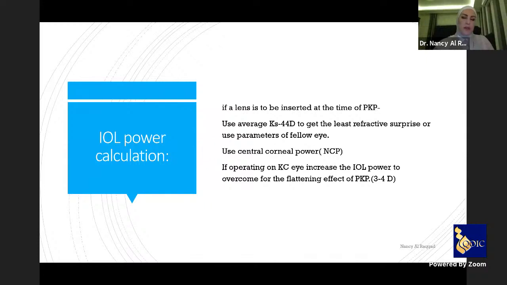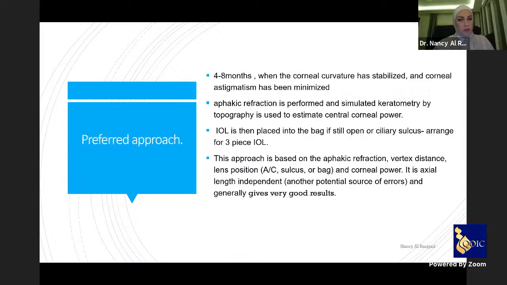But definitely you have to tell the patient about the refractive surprise and the need for maybe a touch-up or a tweak after the procedure.